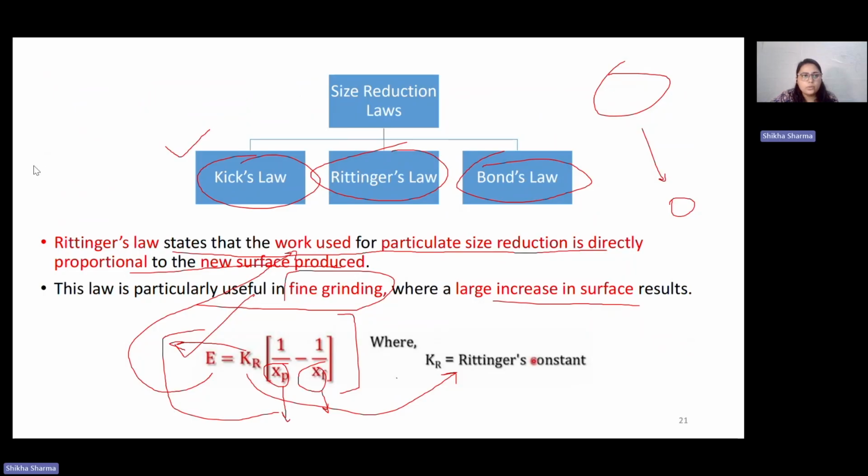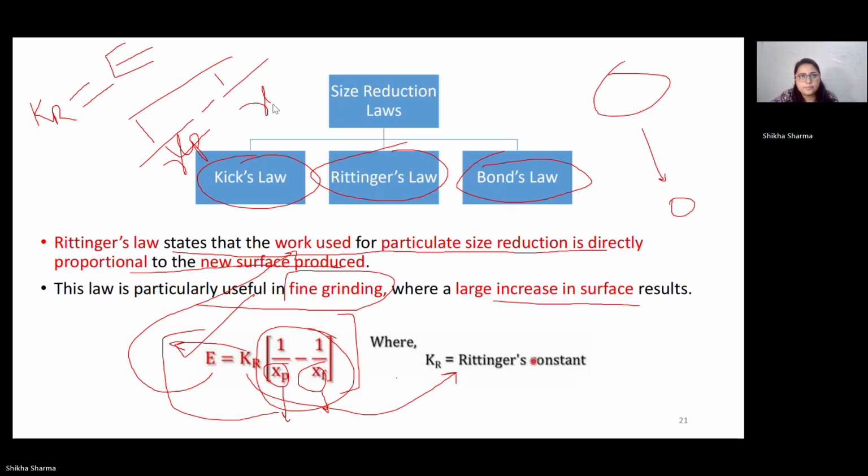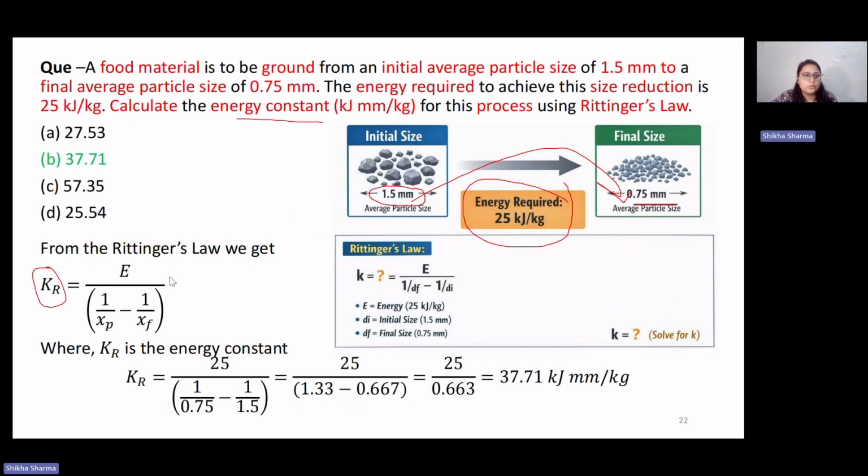So Kr would be equal to E upon (1 upon Xp minus 1 upon Xf).